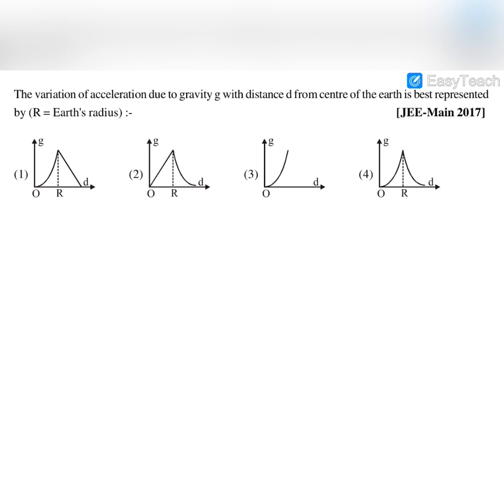In this question, the variation of acceleration due to gravity g is shown with the distance d from the center of the earth, and we need to find which graph best represents it.